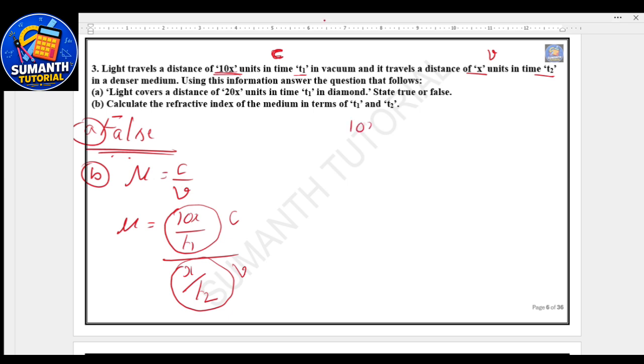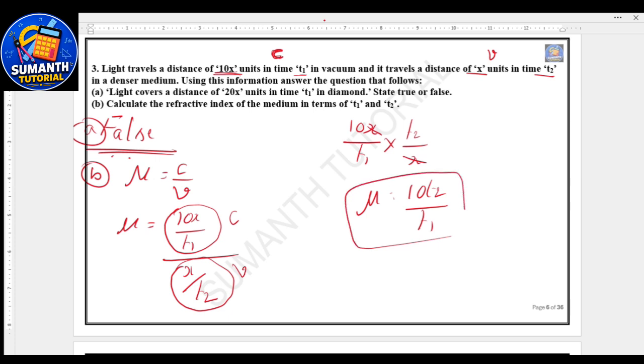See here, 10x divided by T1 into T2 divided by x. So x and x cancel, and the value of mu is 10 T2 divided by T1.